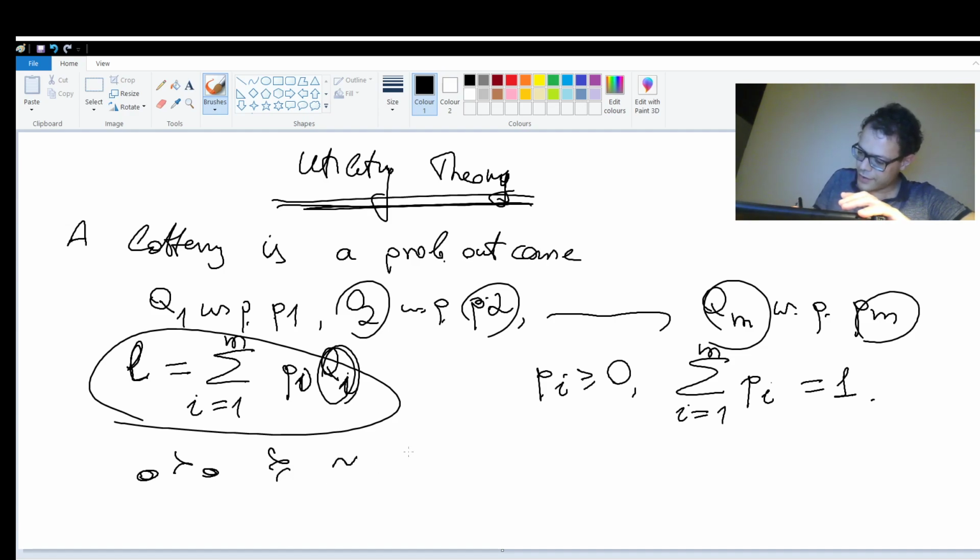This is curly equal, curly smaller, and curly smaller or equal. So you can say, for example, that from the point of view of some agent, outcome O1 is strictly preferred to outcome O2, while outcome O2 is not better than outcome O3. For example.